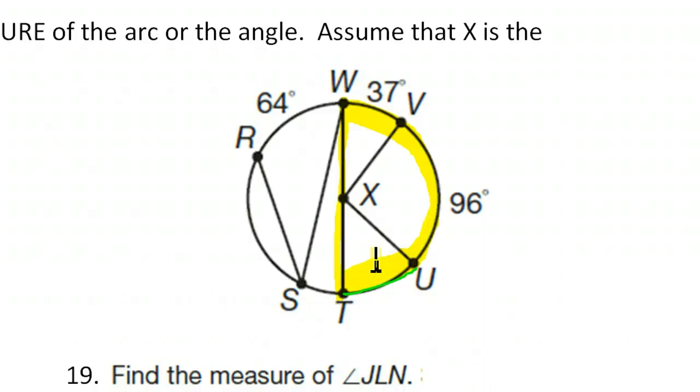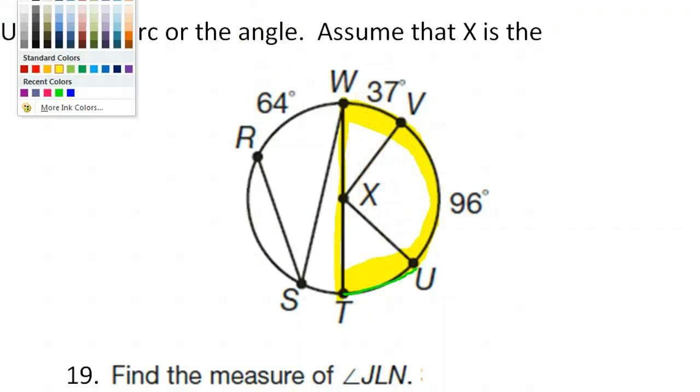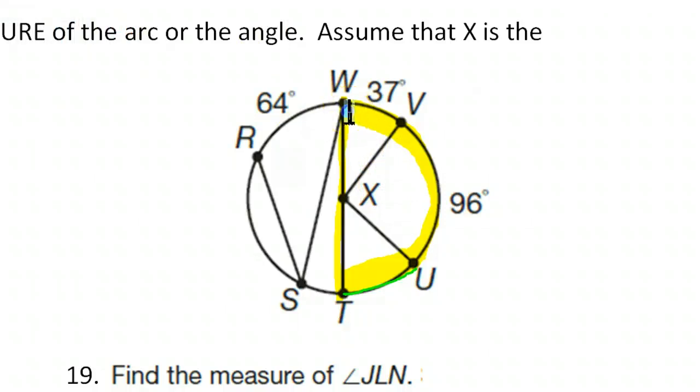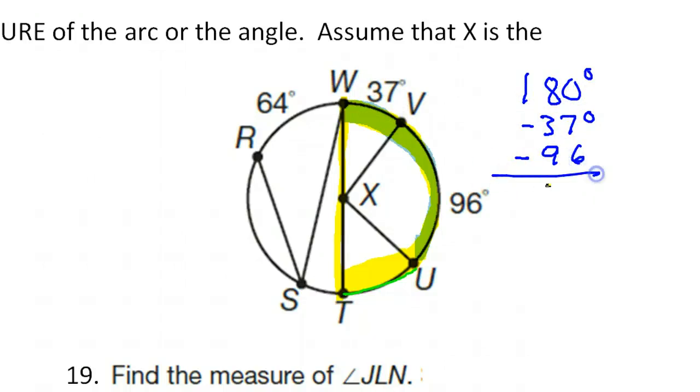If you keep that in mind, this part of the semicircle is all given, 37 and 96. So the remaining TU part, we should be able to subtract from 180 degrees, because the semicircle altogether is 180 degrees. So if I start with 180 degrees for the whole semicircle, and then subtract 37 degrees and subtract 96 degrees, that should leave the measure of arc TU.